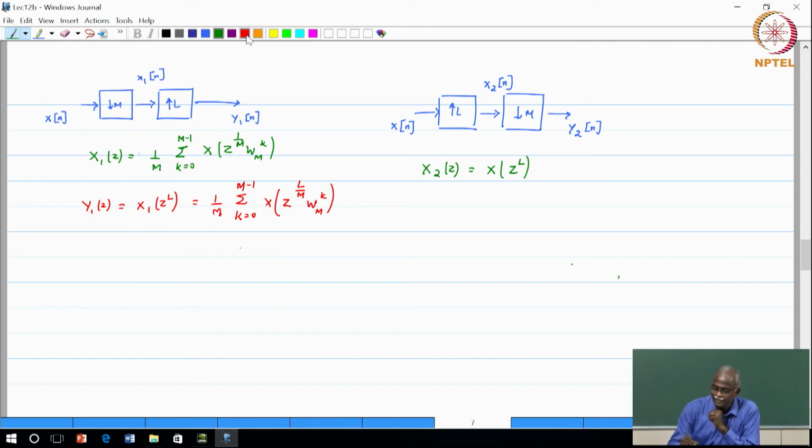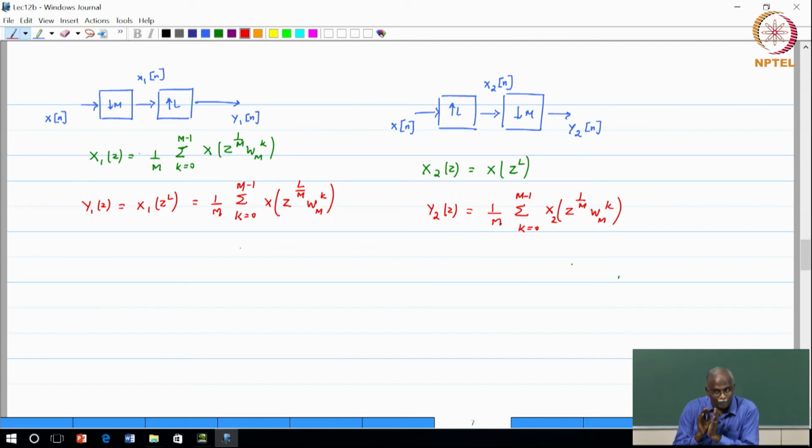Now, the next equation is the downsampling, Y2 of z is 1 over M summation k equal to 0 to M minus 1, X2 of z power 1 over M W_M^k. I know I have an expression for X2 of z.